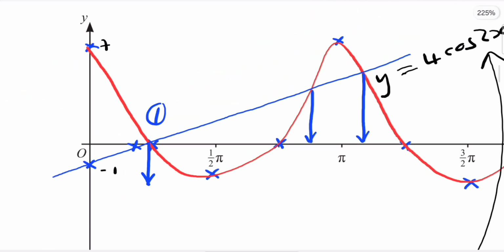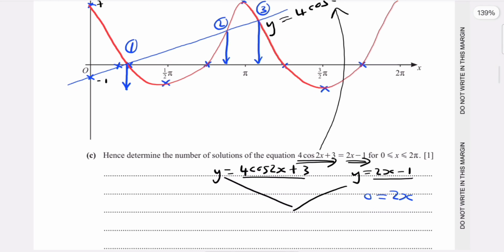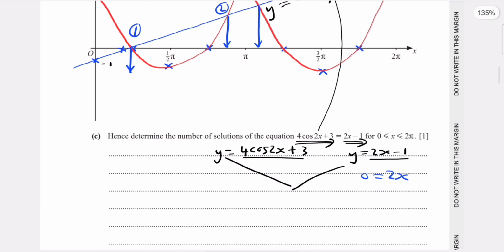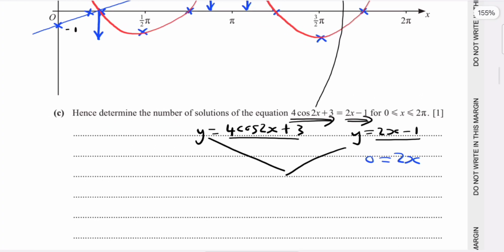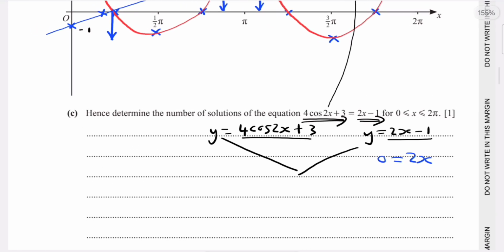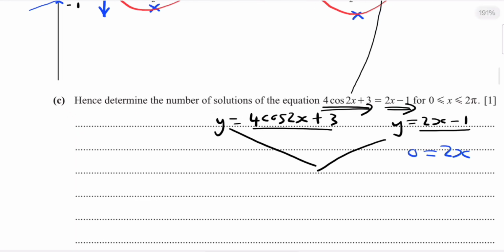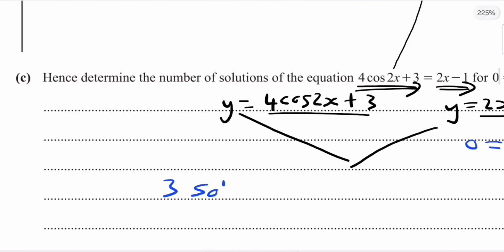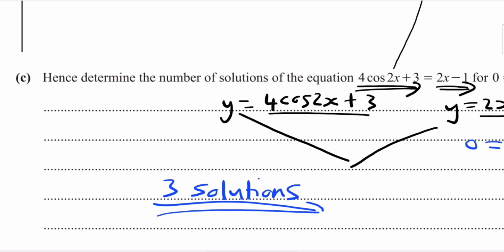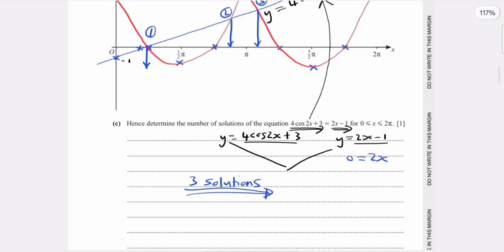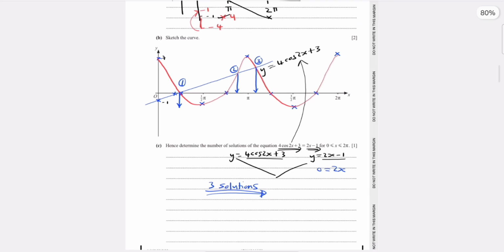So we have 1, 2, and 3 solutions for that. So for part C, we're saying hence determine the number of solutions for the equation 4 cos 2x plus 3 equals 2x minus 1, because that is 3 solutions, right? Then you get your mark.